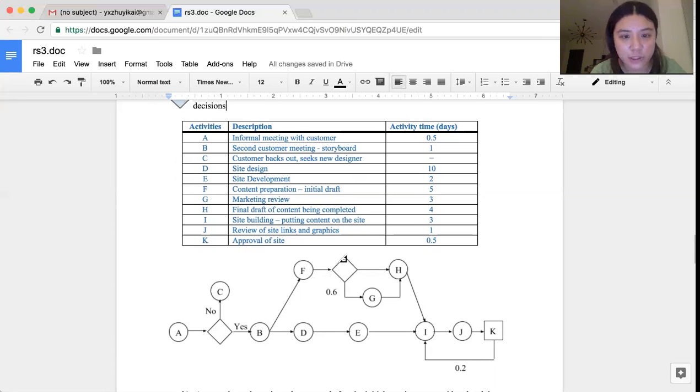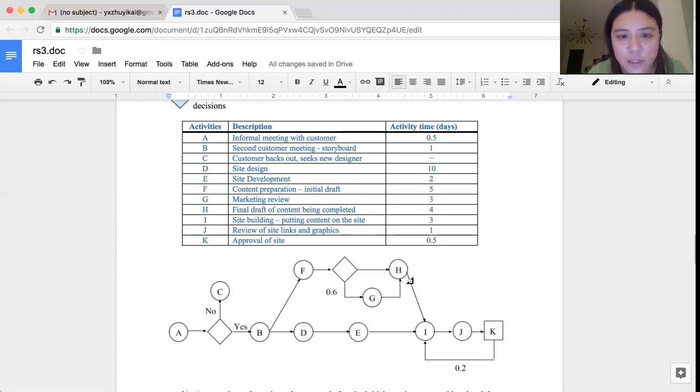After the initial draft, there's a 60% possibility that the draft is sent to market review, and for the remaining 40%, they don't need to send it to market review and go directly to the final draft of the content, and the content is completed.